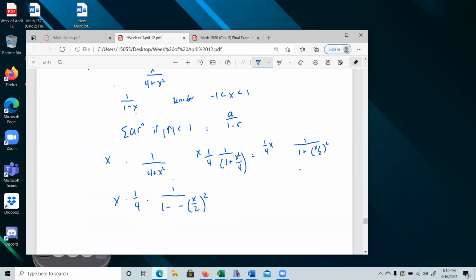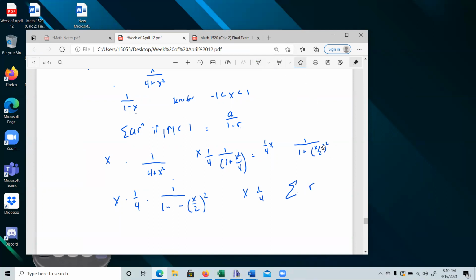Okay. Now take a look at that. We decided that this was my r. This is a 1 minus r. Could we do that again? Could we say that this is x times, I'll put the 1/4 here, it doesn't really matter, because that's going to be my a. And then we're going to have the sum of, well, not r, what do we want?